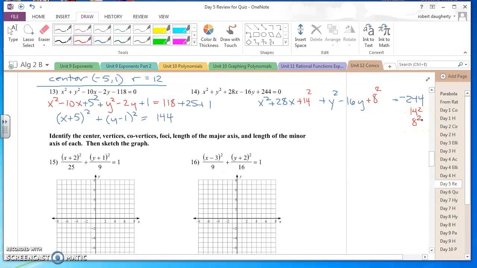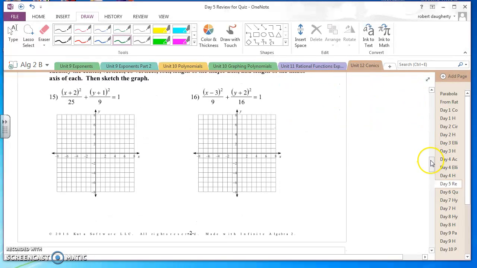So on the left, I now have x plus 14 squared plus y minus 8 squared equals, so 14 squared is 196 plus 64, and that's 260 minus 244, which equals 16. So this is a circle centered at -14, 8 with a radius of 4. Okay?